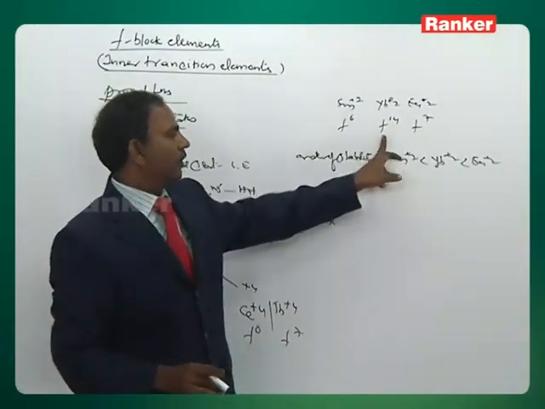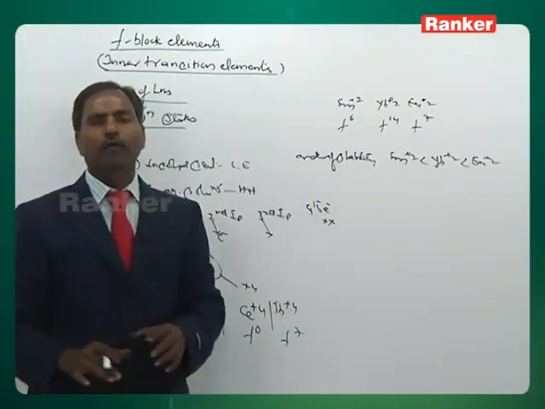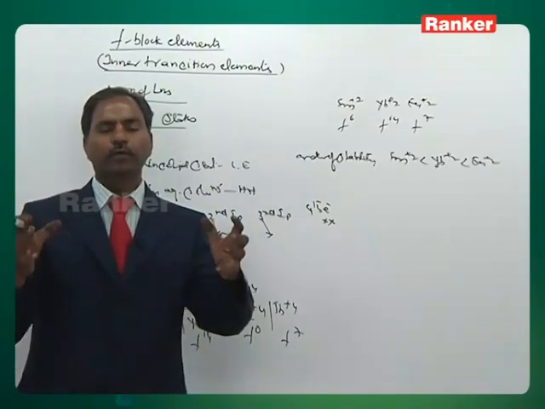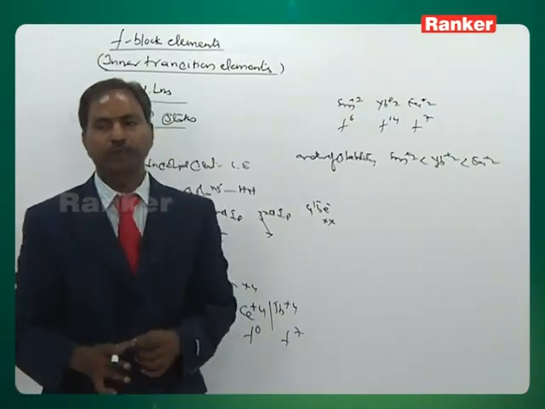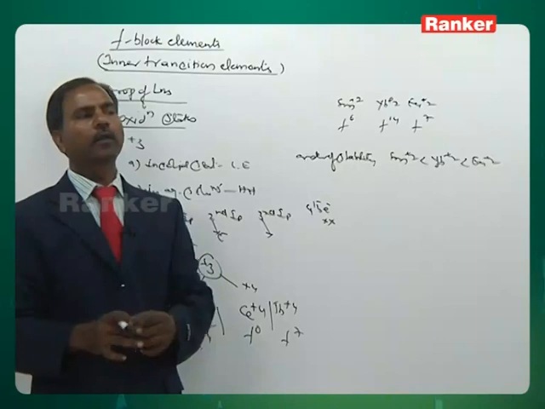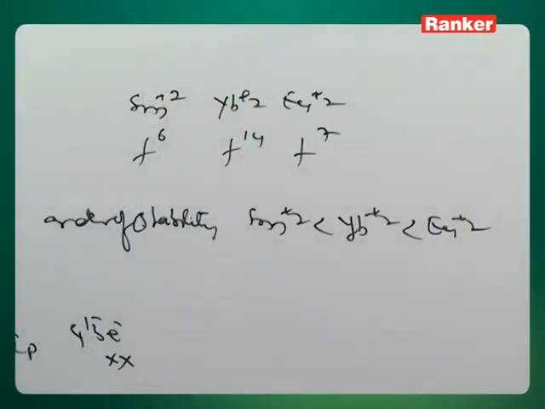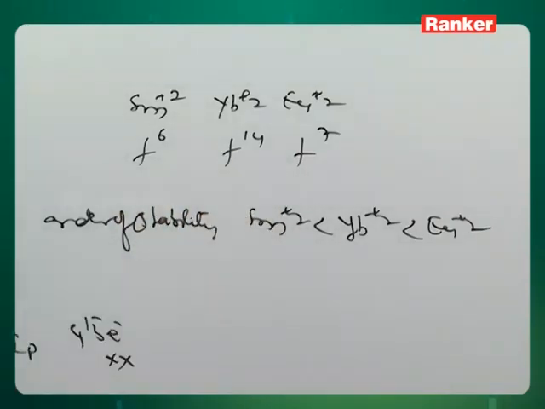F14 is less stable than F7, because whenever the F subshell carries 14 electrons, 14 units of electronic charge are accumulated in a single subshell, and there will be greater interelectronic repulsions. Therefore, F14 is less stable than F7. This is the order of stability of these 3 ions.